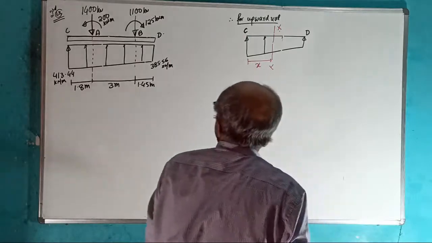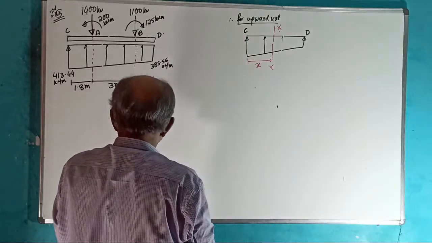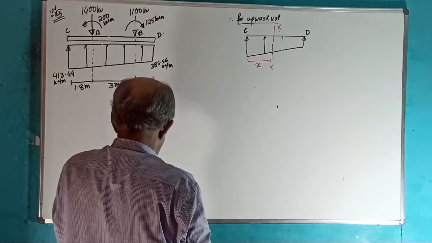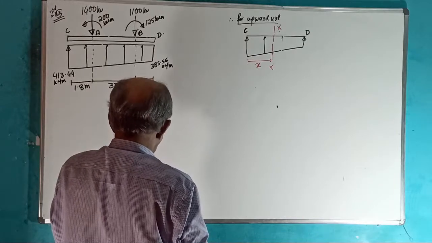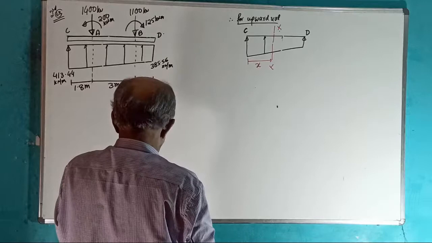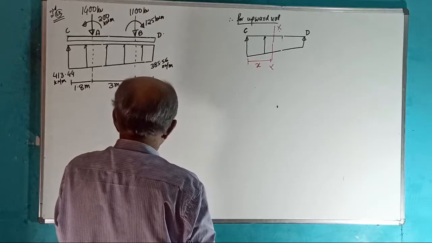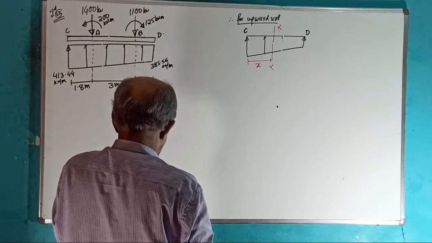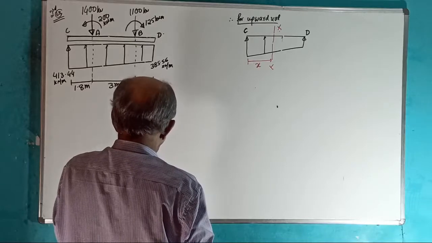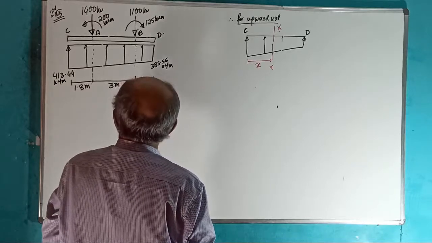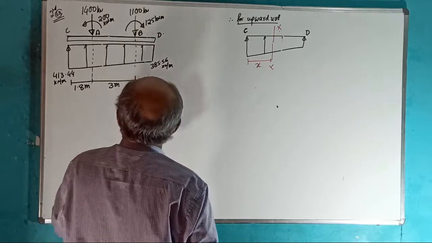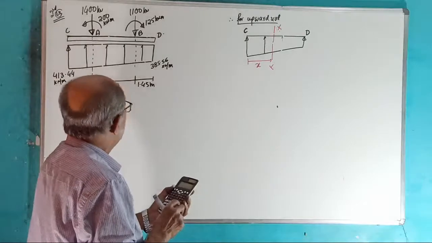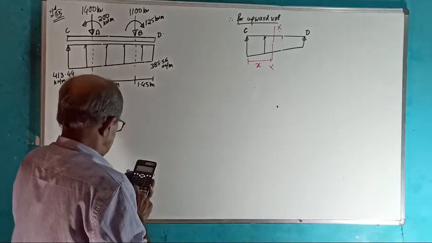How is it possible? 413.44 plus 385.56 divided by 2 into 6.25 is 2496. Oh, that means the value given is wrong. I will check once again.